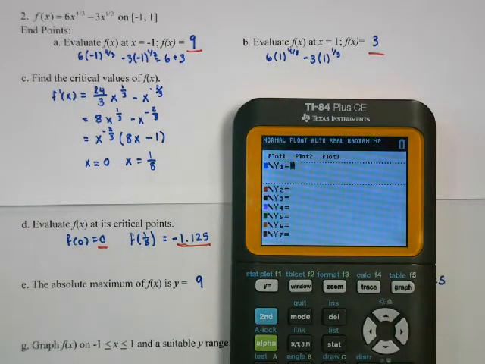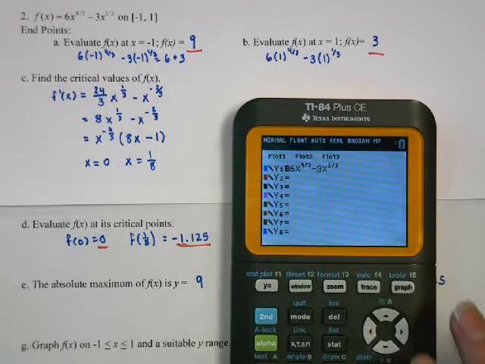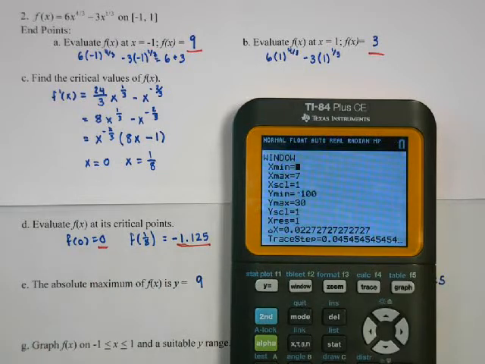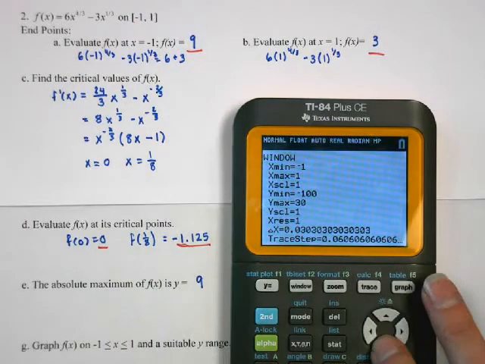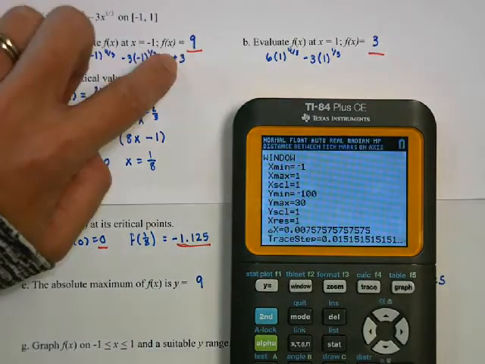All right, so we'll graph to confirm. So 6x to the 4/3 minus 3x to the 1/3. Our window, again, is pretty easy because we know our x's are going to go from -1 to 1. My y's, the biggest y I have is 9.